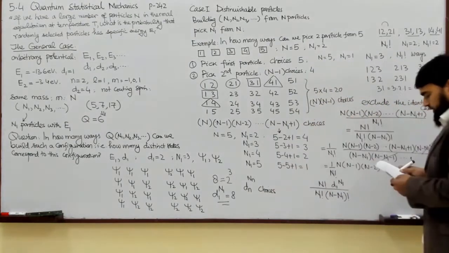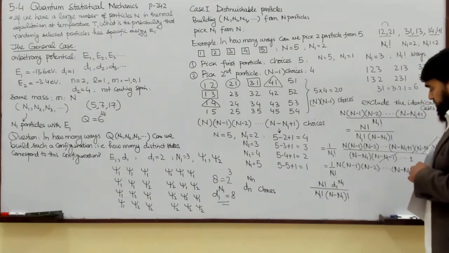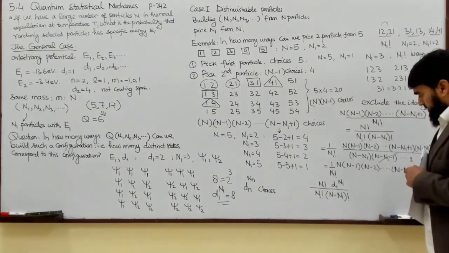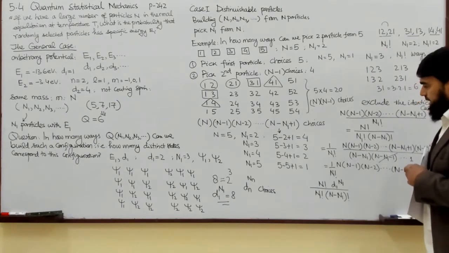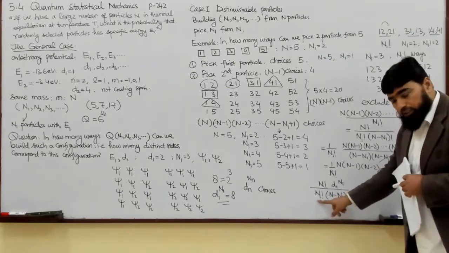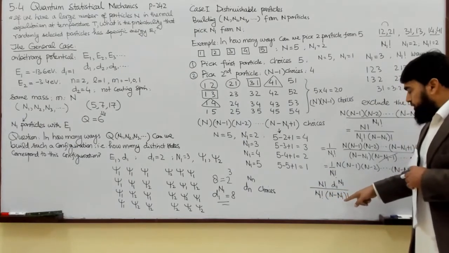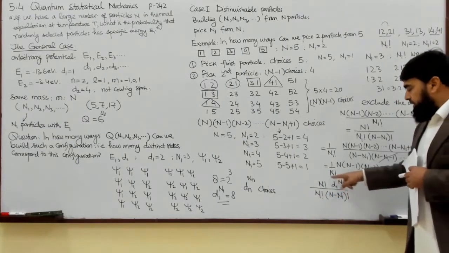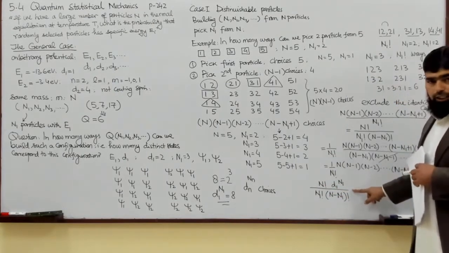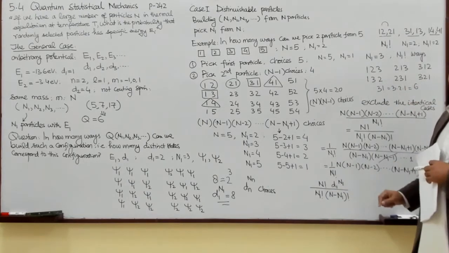And similarly, if I write from here, like here I have picked in 1 particles, and these are the number of choices. Now when I will put in 2 particles, means when I will pick in 2 particles, what will be the number of choices? And similarly in 3 particles, and the total number of choices.